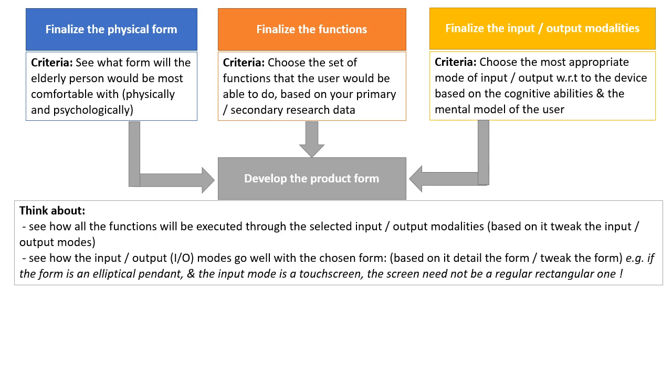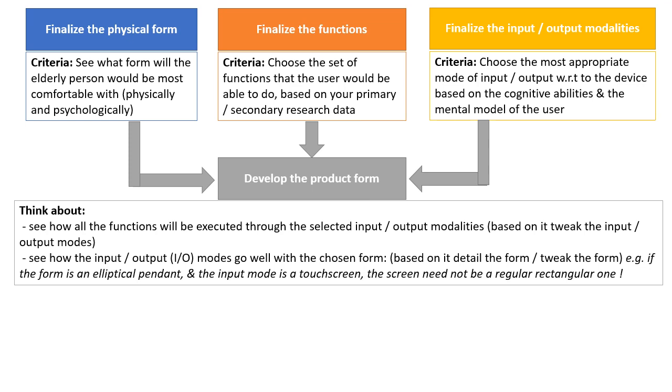Based on it, you may need a bit of tweaking in the input and output modes. For example, maybe you initially thought of choosing only physical buttons for input modality, right?